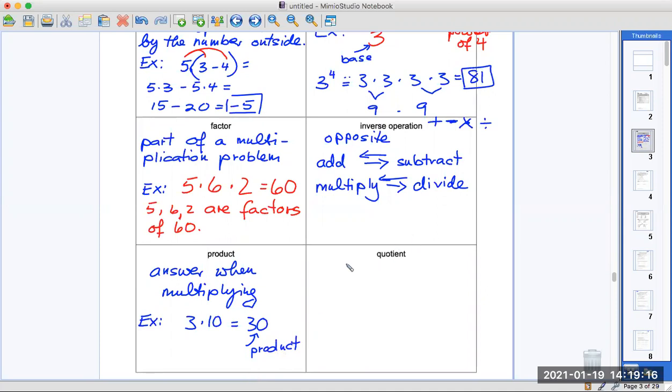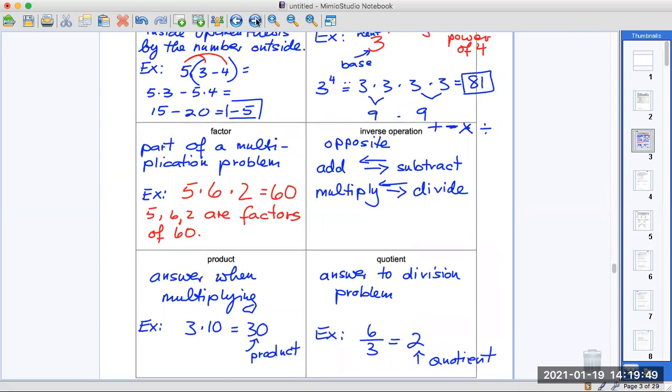Okay, quotient is the answer to a division problem. For example, 6 divided by 3 is 2. This is your quotient. Okay, those are the vocabulary words.